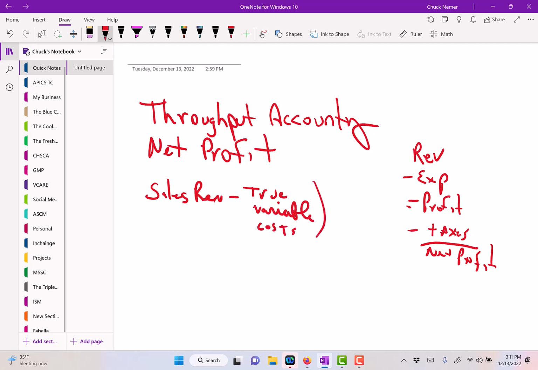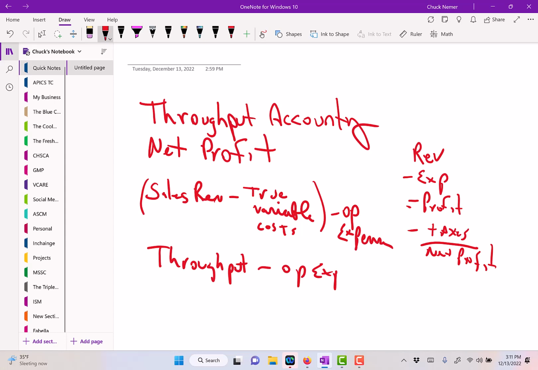So when we look at those two, that's what gives us throughput. So it's what's actually gone out the door, less those variable costs related to what went out the door, minus operating expenses. So I'll put minus operating expenses here.